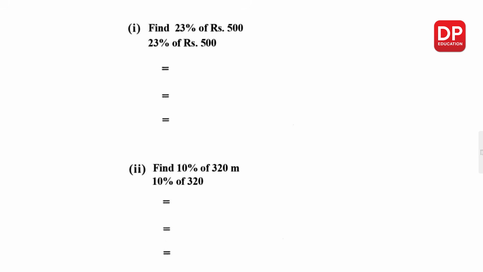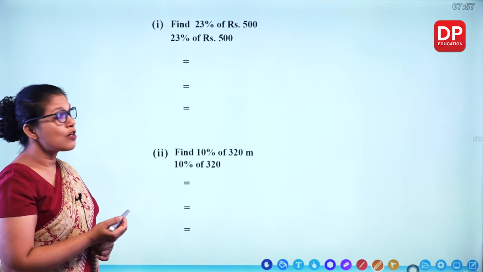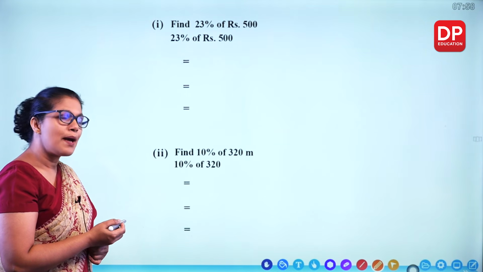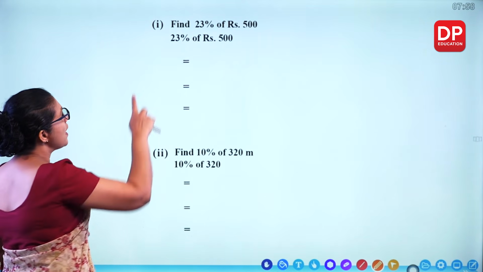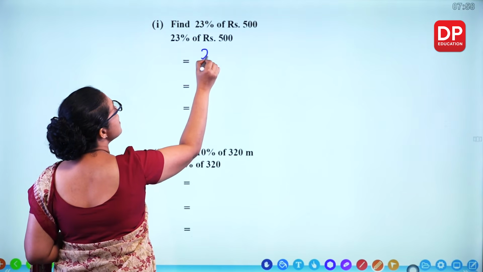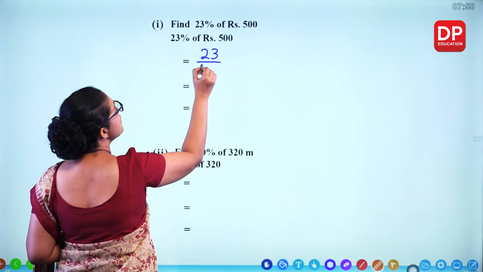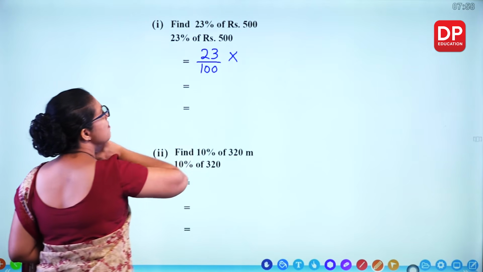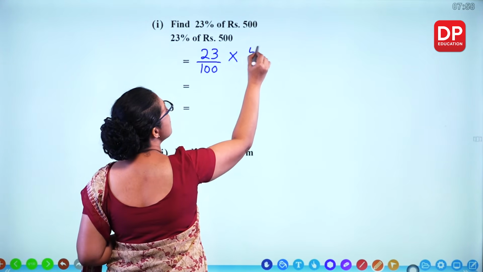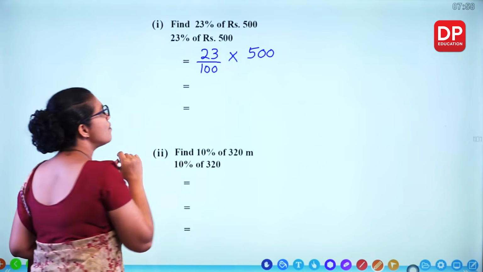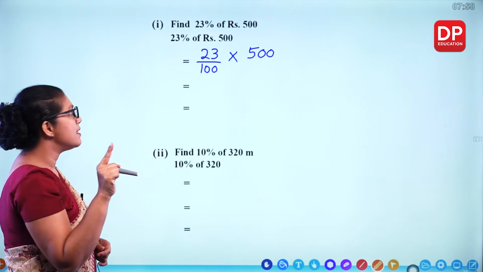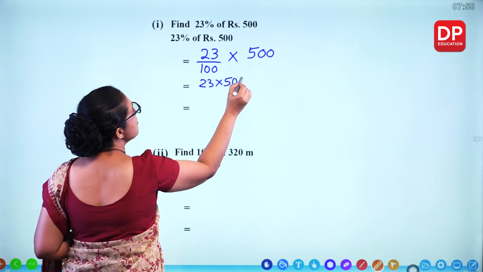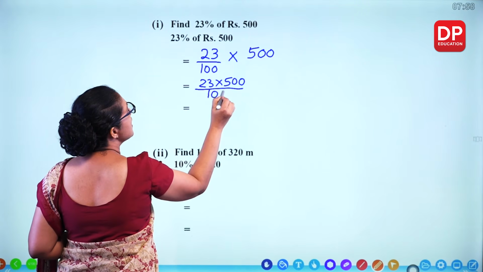Now let's take 23% of 500. You know in mathematics, of means multiplication. So 23% as a fraction is 23 out of 100. Of means multiplication and you get 500. Now you can multiply the numerator separately and divide by the denominator.